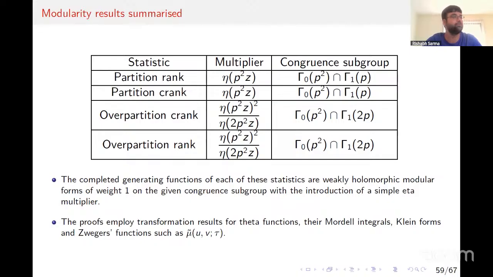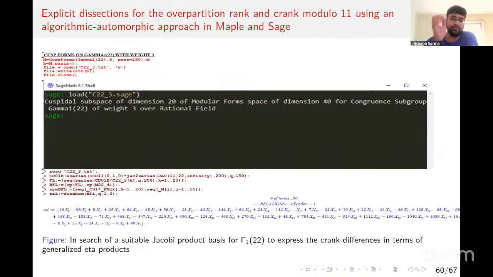I just want to explain a little bit more about explicit dissections for overpartition rank and crank modulo 11 using an automorphic algorithmic approach in PARI and Sage. One of the works that we have done in these papers of ours is not just to find these symmetry results, but we also try to find explicit identities for the partition rank and crank and overpartition rank and crank functions in terms of nice modular objects.